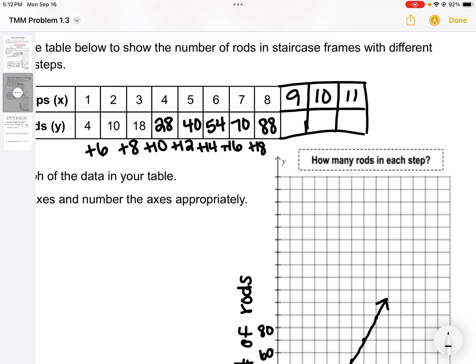We left off by adding 18, so our next number is we're going to increase by 20. That's going to get us to 108. Plus 22 is going to get us to 130. And then our last one is plus 24, so we should be ending with 154 rods.